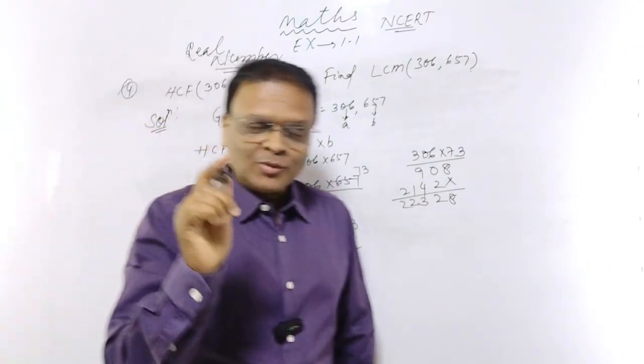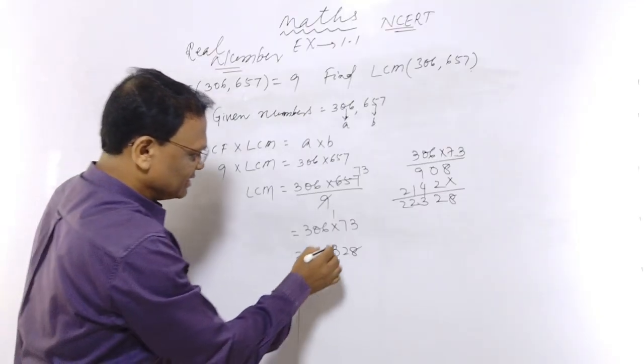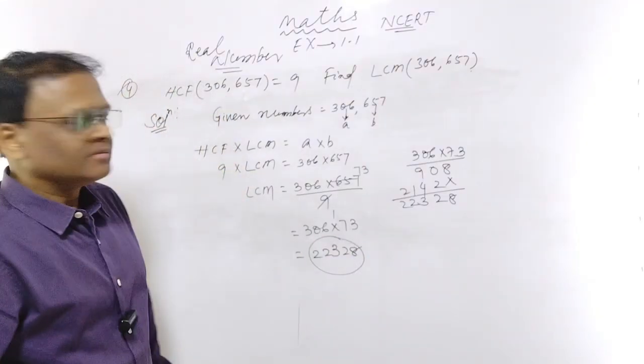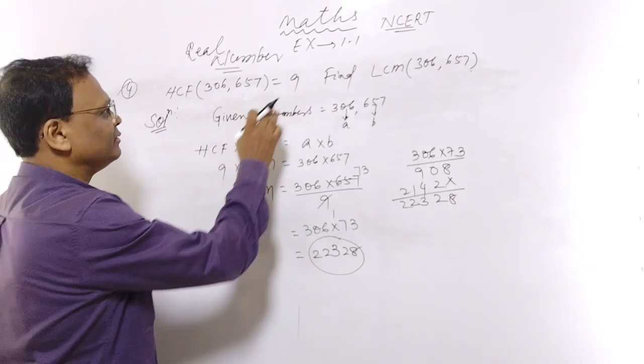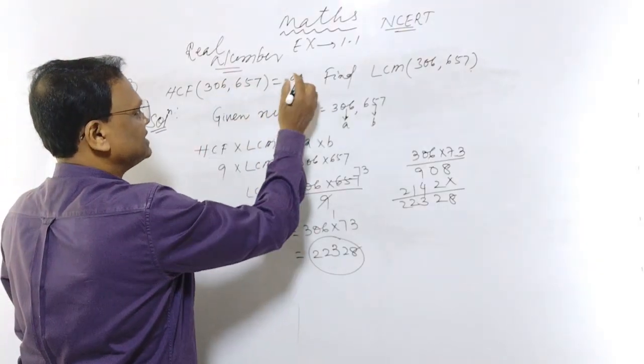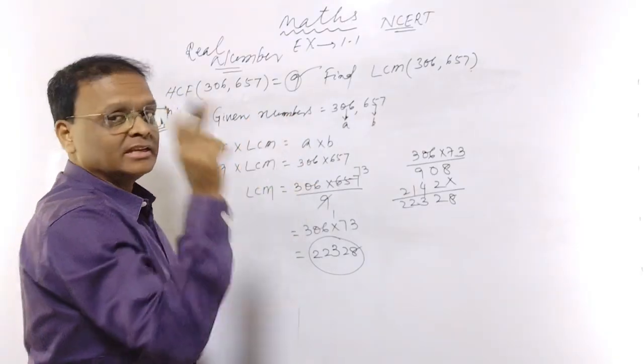Now those two numbers that he had given, the LCM of those two numbers is nothing but this. Whereas HCF he had given as 9 for these two numbers. He was asking to find the LCM.